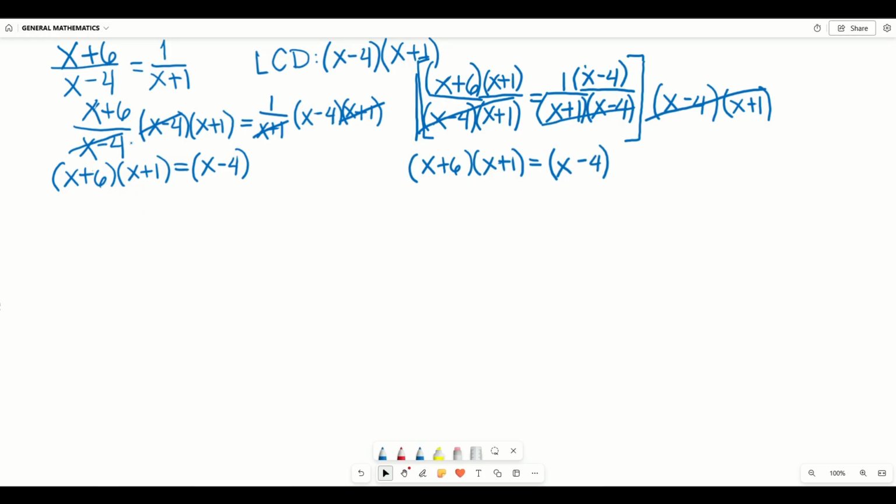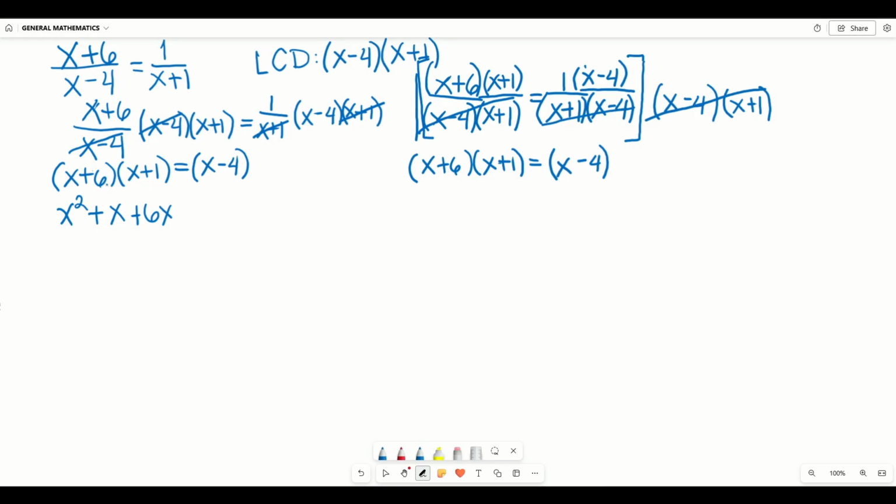So, by using the FOIL method, we need to multiply the first terms. So, we have x times x is x squared. Then, outer x times 1 is 1x, or x. Inner term is 6 times x, which is 6x.